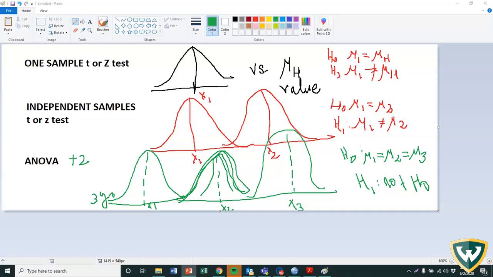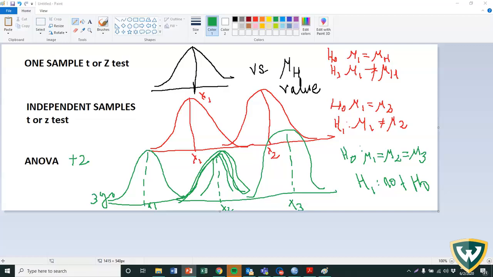Similarly, for DF, degrees of freedom calculation, your DF total is always equal to DFBG, degrees of freedom between groups, and DFWG. And then these are here for you in the box.